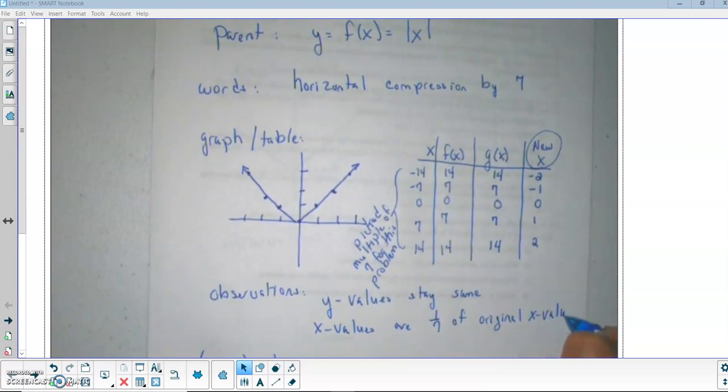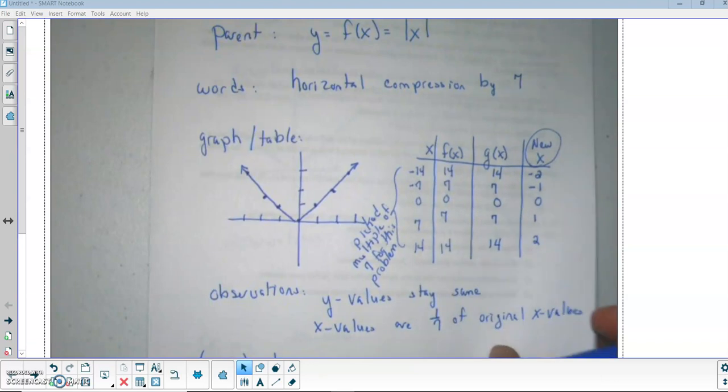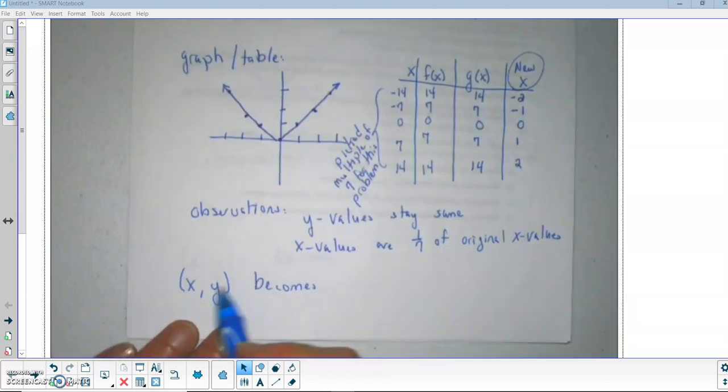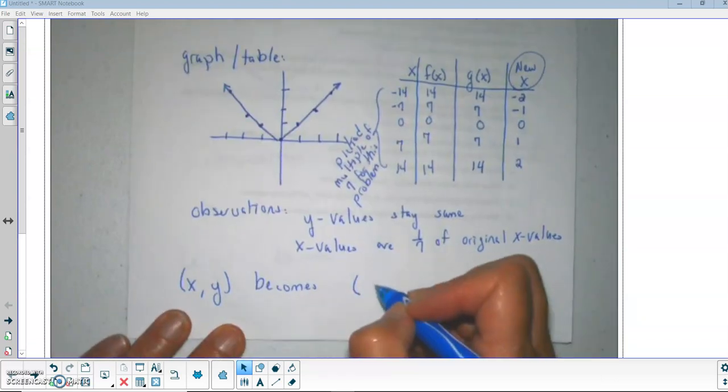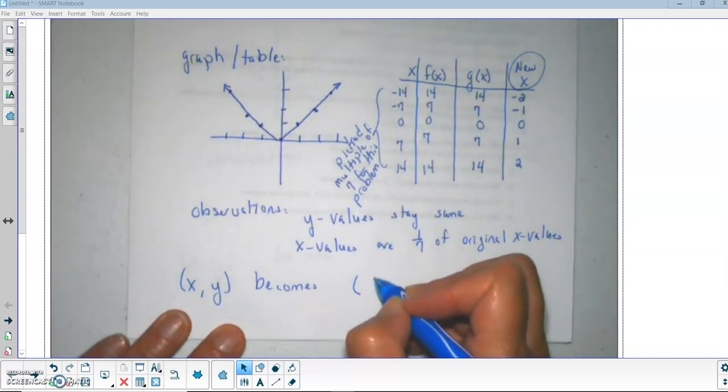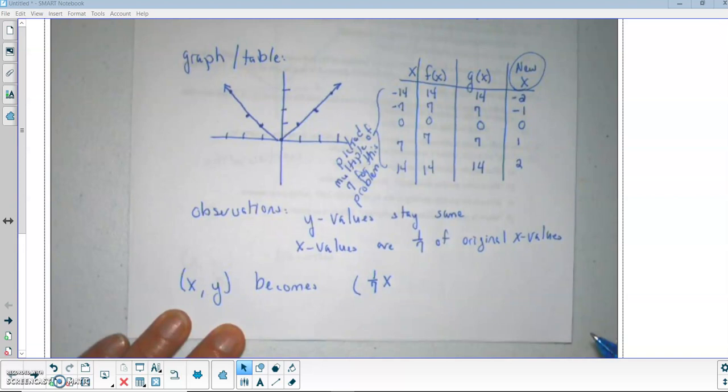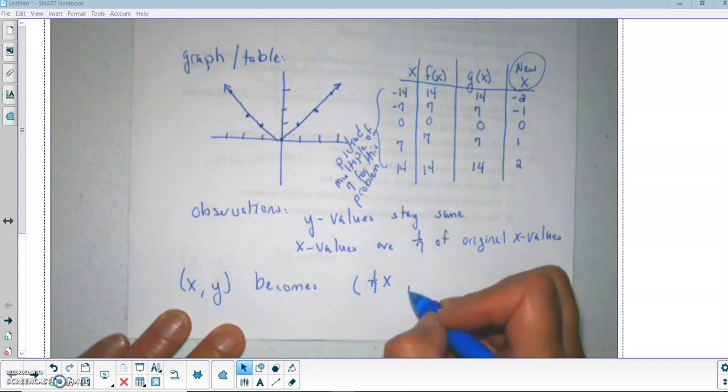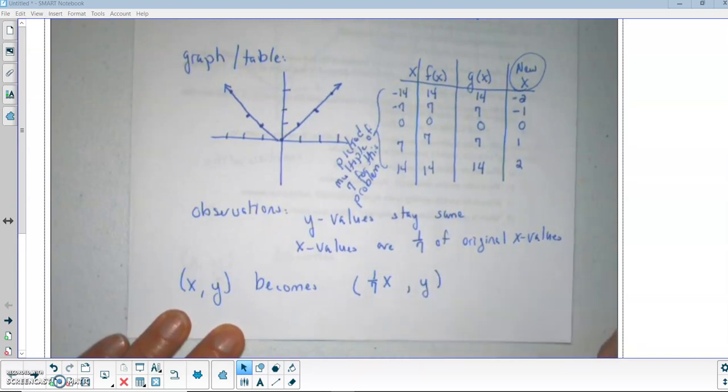So understanding in words what's happening, and that's a lot of words to write, simply that for every single point, the x values are going to be 1/7, and then the y values stayed the same. So that's a horizontal compression.